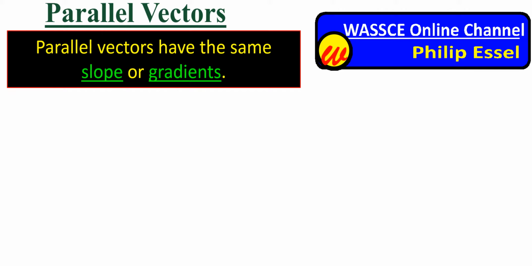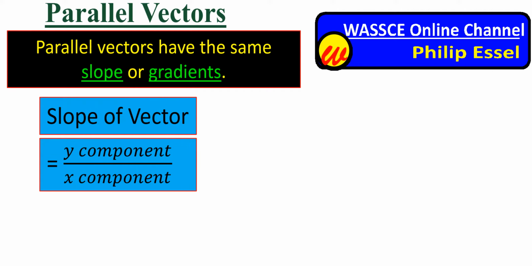To calculate the slope or the gradient of a vector, we use the following formula. Slope of a vector is equal to the y component of the vector divided by the x component of that same vector.